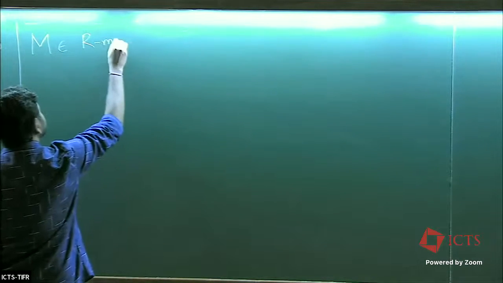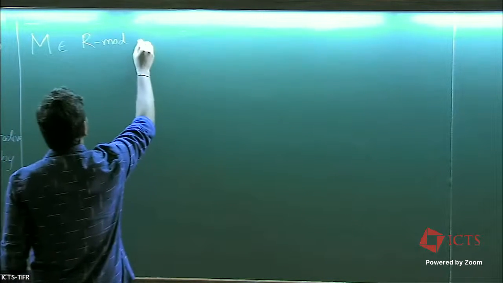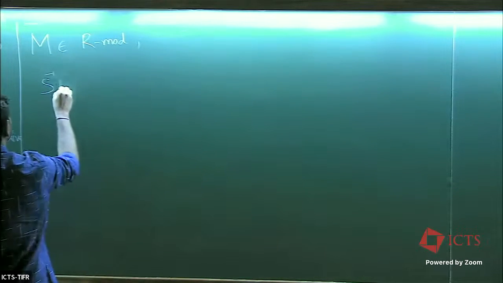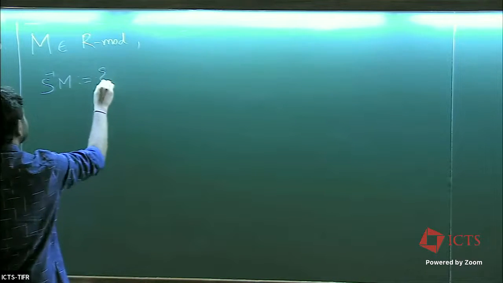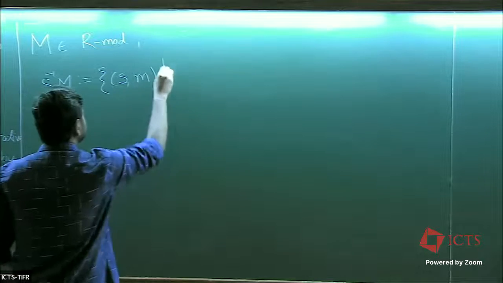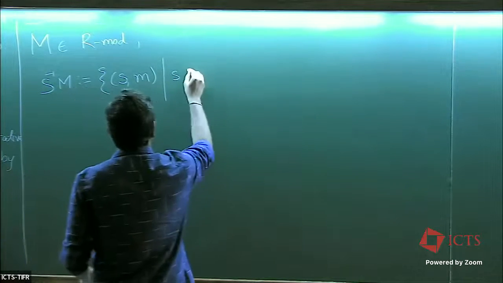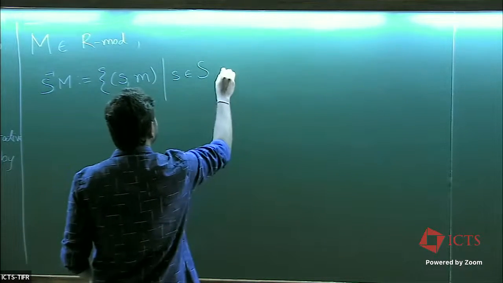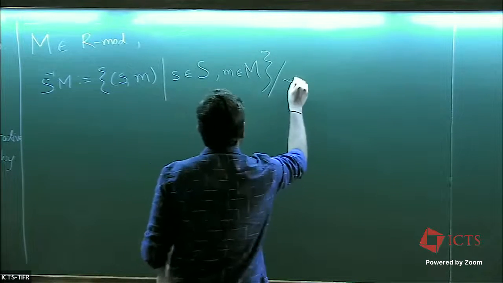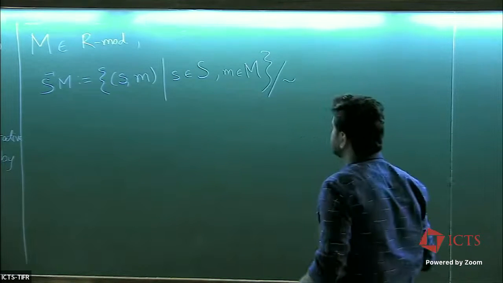If I take M, we can also talk about localization of modules with respect to this multiplicative set. So if I take M an R module, then similarly S inverse M is defined as pairs small s belongs to capital S and small m belongs to capital M, with a similar kind of equivalence.